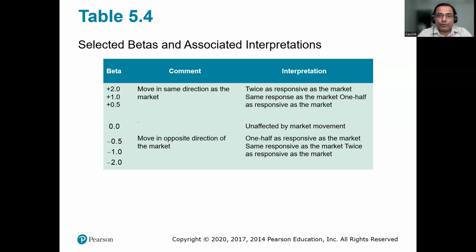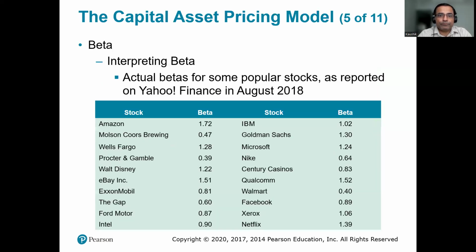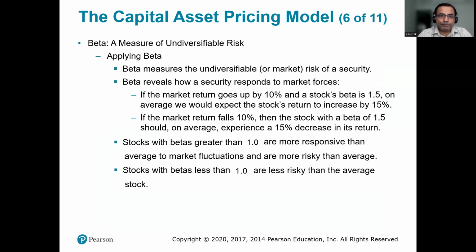Beta equal to +2 means twice the amount of change in market returns. Beta of -0.5 means half of the change of market return, but in the opposite direction. These are some sample betas of leading companies in the US.